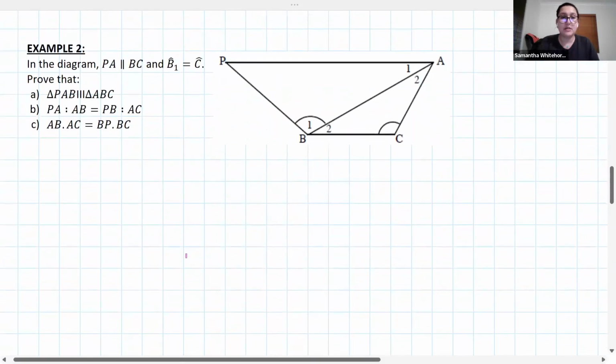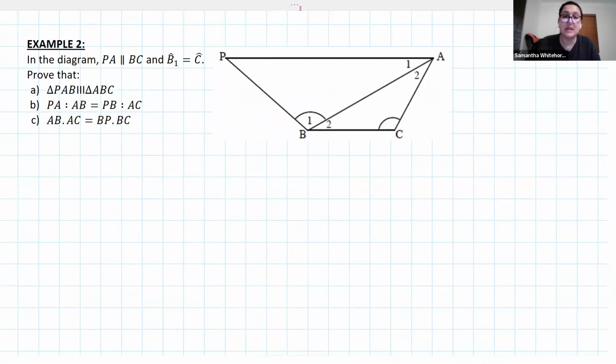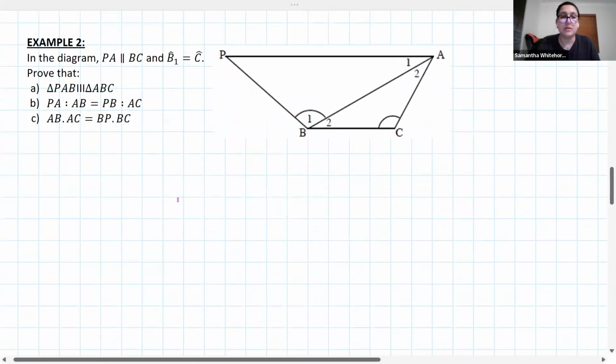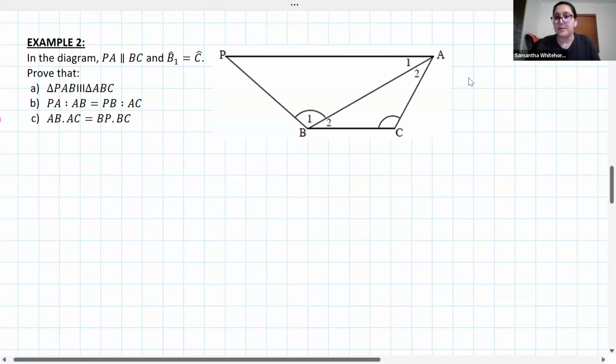Okay, so here it is. Apparently I didn't do answers, but I do have answers. I'll put them up in a second. I know it says example 2, but try. And then we will have a look. You will need a few minutes. I'll give you like 5-6 minutes, and then we'll check in and see.